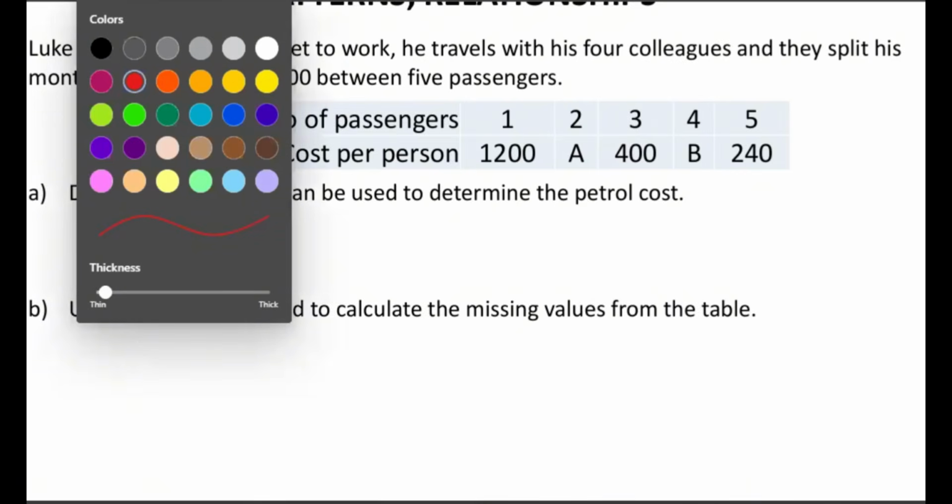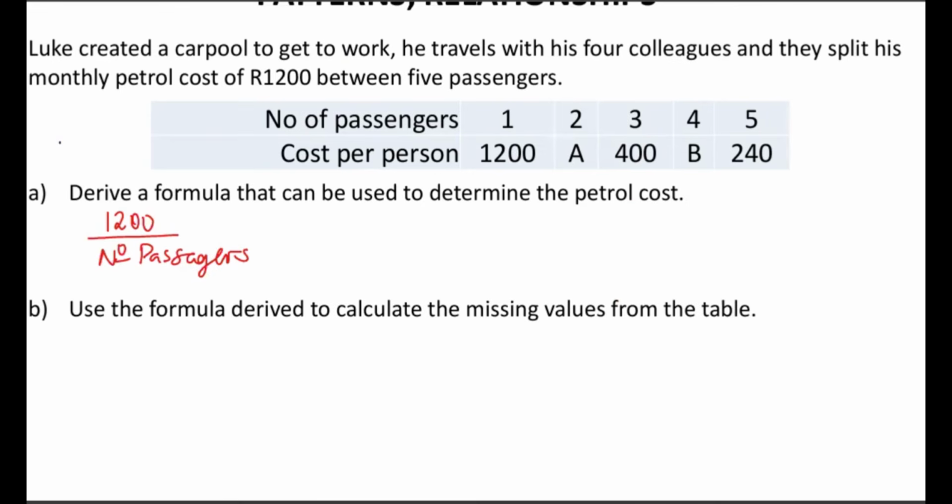Divided by the number of what? Passengers. This is the formula. Together. So the value of A will equal 1,200 divided by 2, which becomes 600. Then the value of B, same story, divided by 4, it becomes 300.